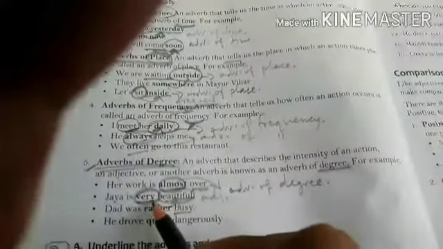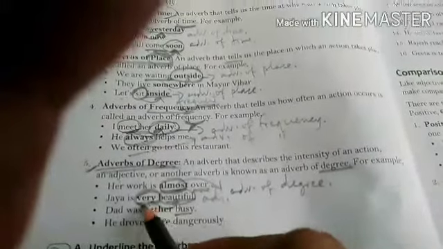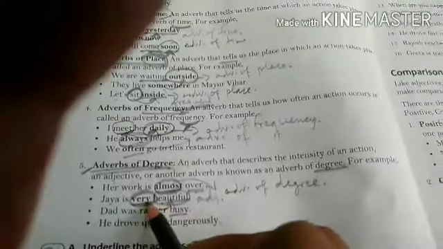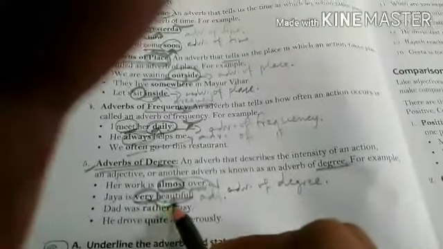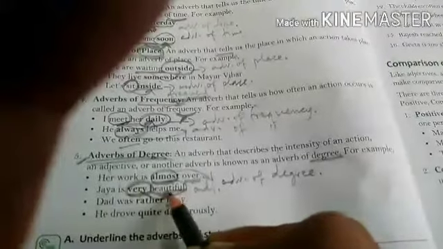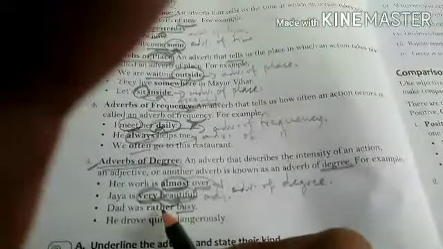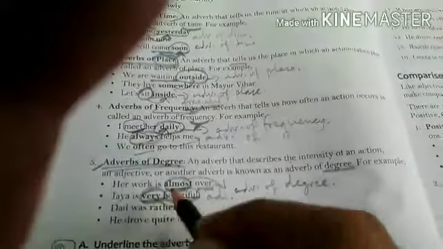So here if the word that qualifies adjective, that is also an adverb, and here the word very is used to qualify the adjective beautiful here. So here the word very is adverb and it is the adverb of degree.